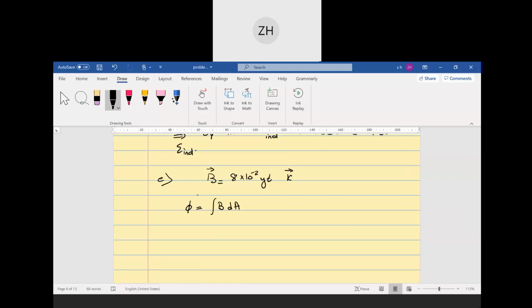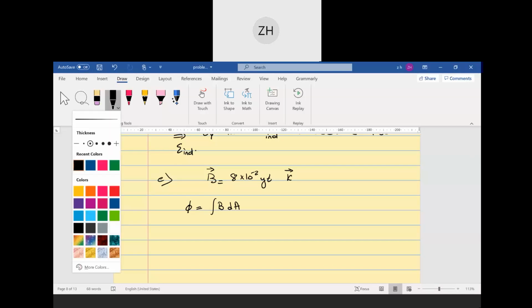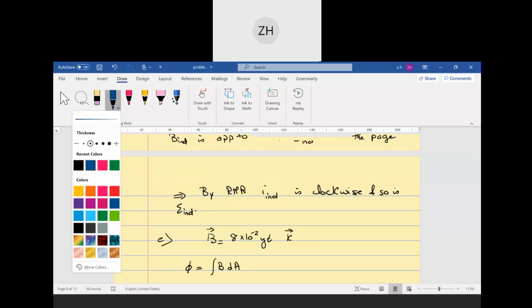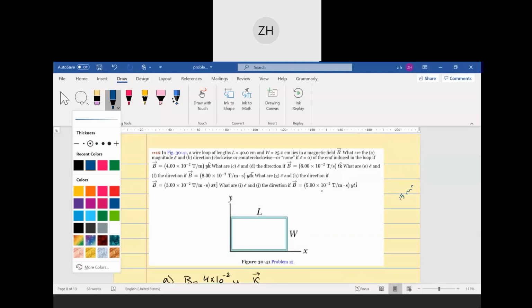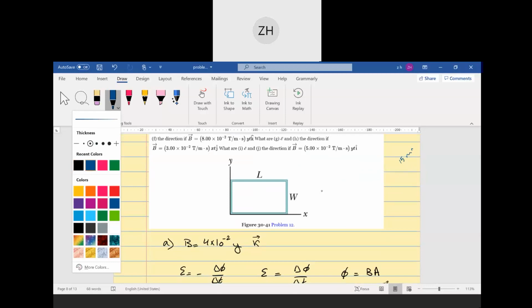Now we see that B depends on the y position and not the x position. So it will make sense that for our loop, we can consider maybe a horizontal strip.